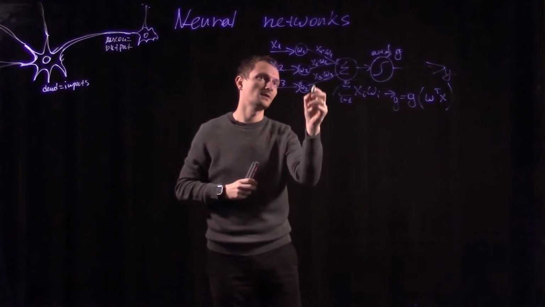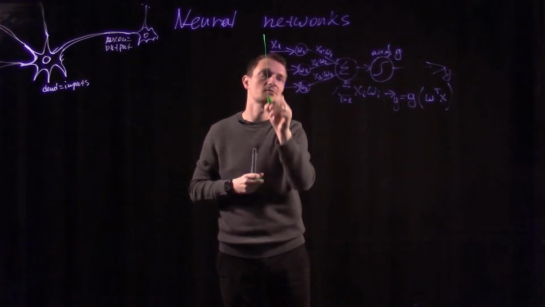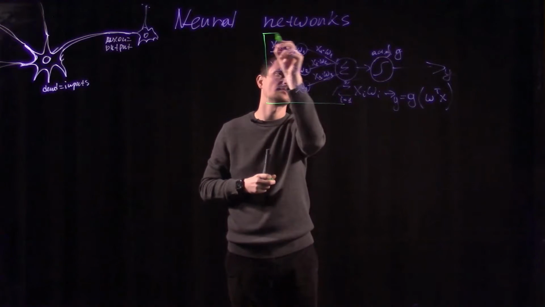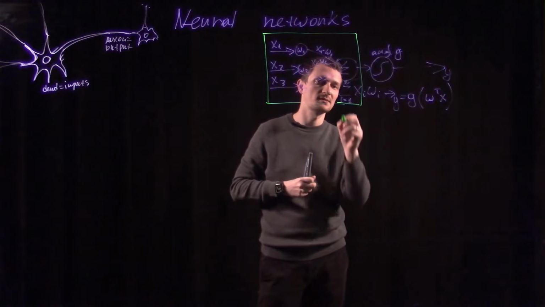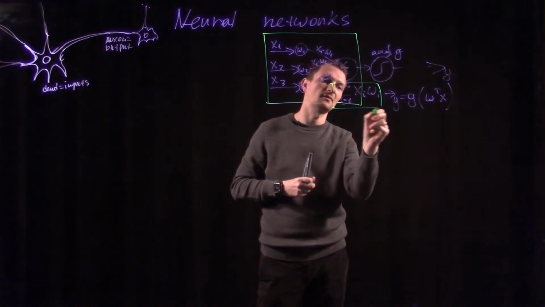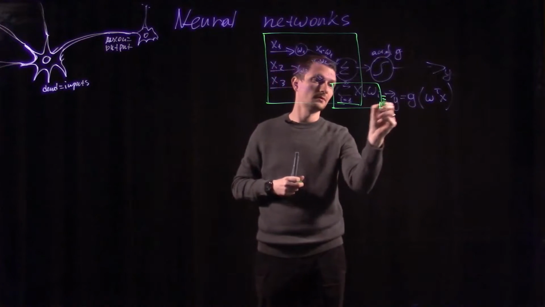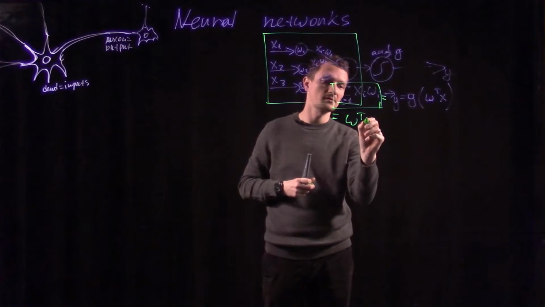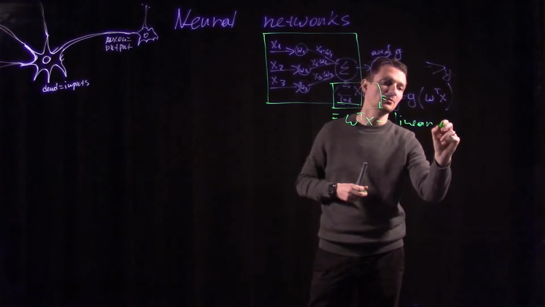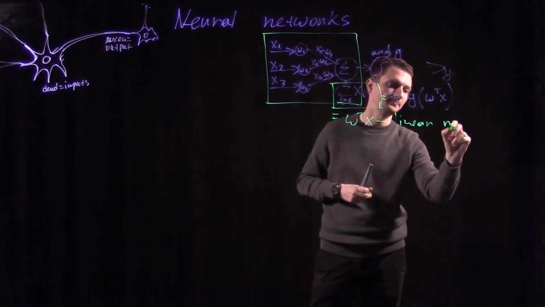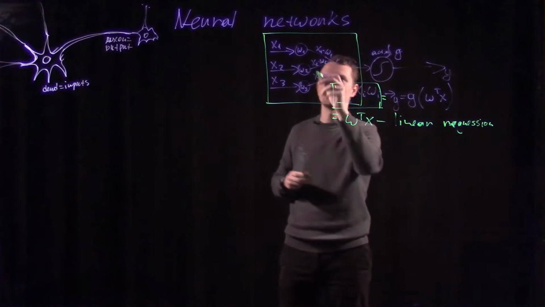First of all, let's consider this part. We have inputs, then we multiply them by some weights, and then we find the sum, and at the end we have this. If we rewrite it, we will get this. So it's basically nothing other than a model of linear regression, but instead of coefficients we have weights.